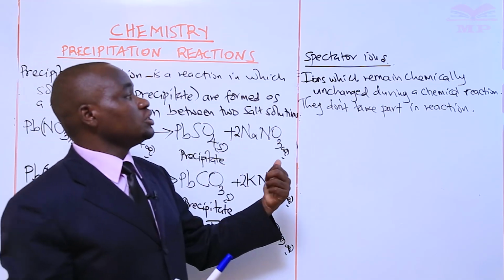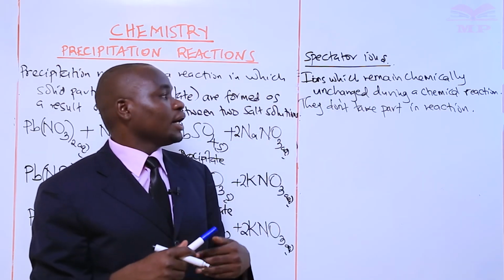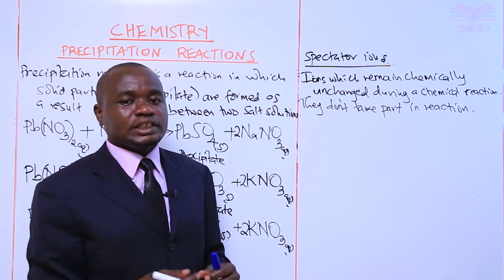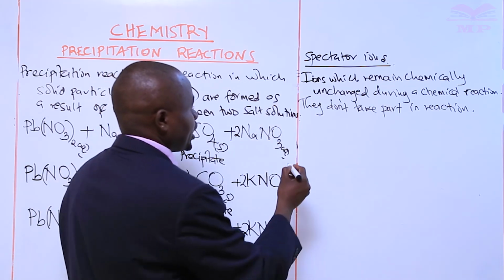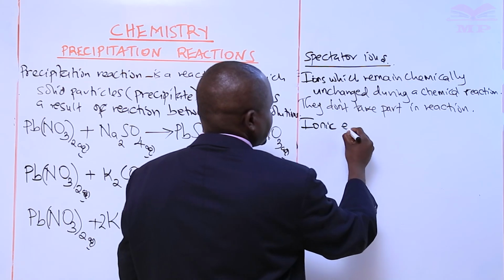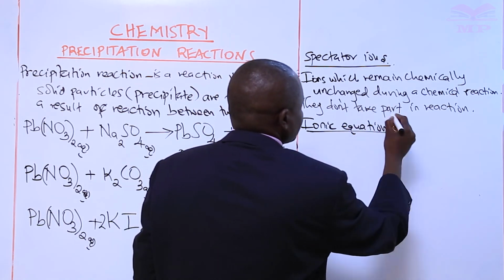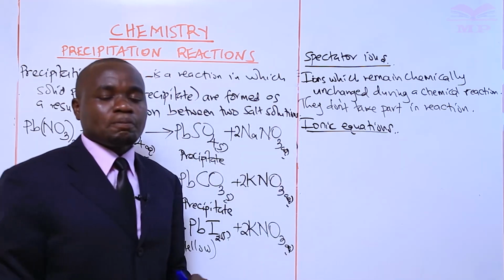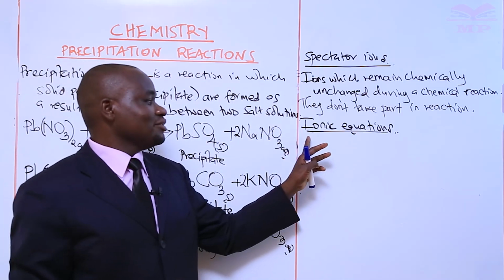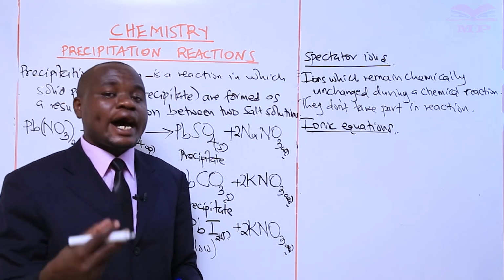So we need to know this, that spectator ions are normally very important as far as writing ionic equations are concerned. From the word ionic equation, we are saying these are equations in which we only write the ions.